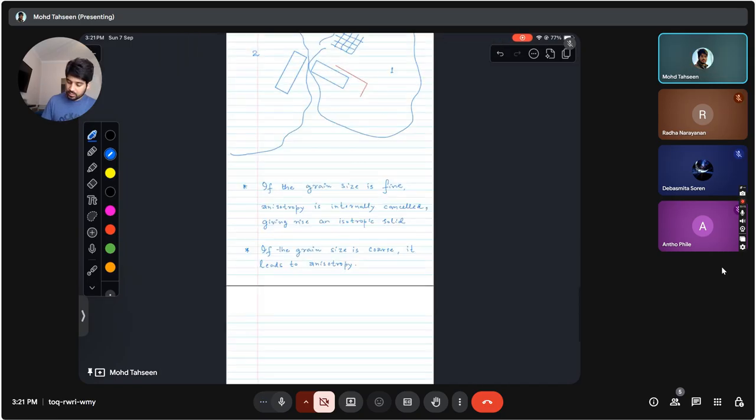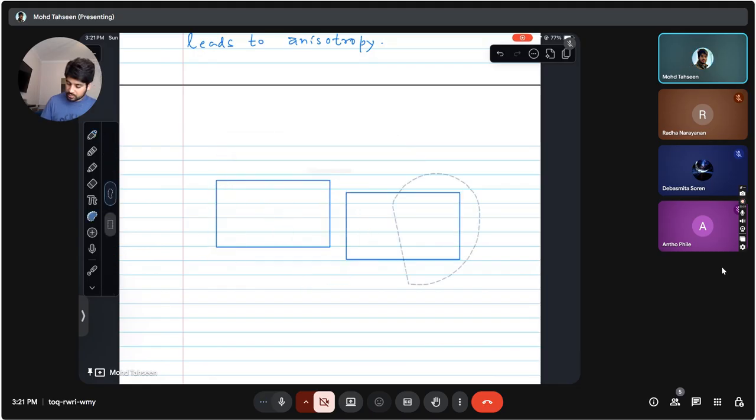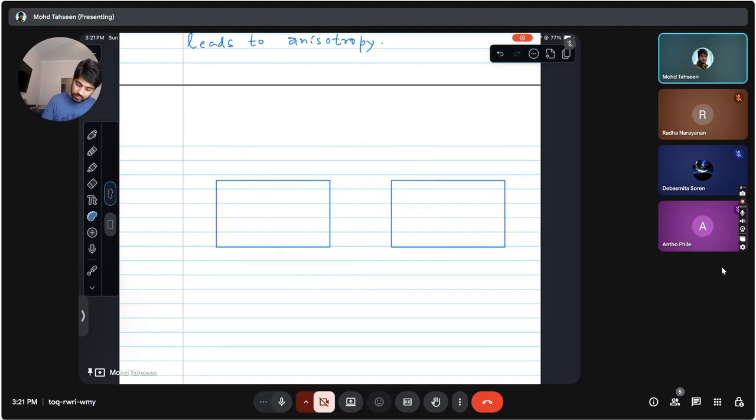So we could have some supporting figures like this. Let's say this is my material 1 and this is material 2. In material 1, the grains are really small. This is the grain structure, so it's of this length scale.